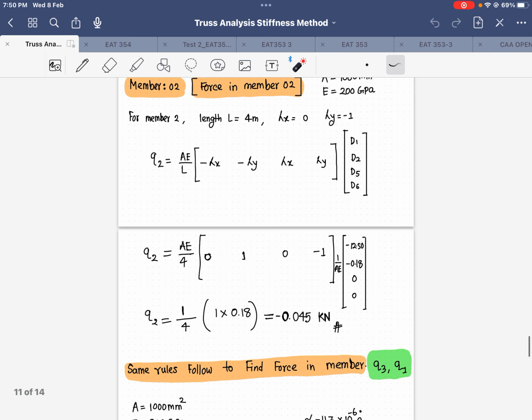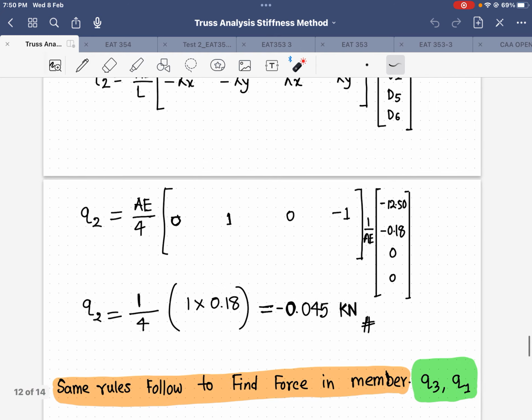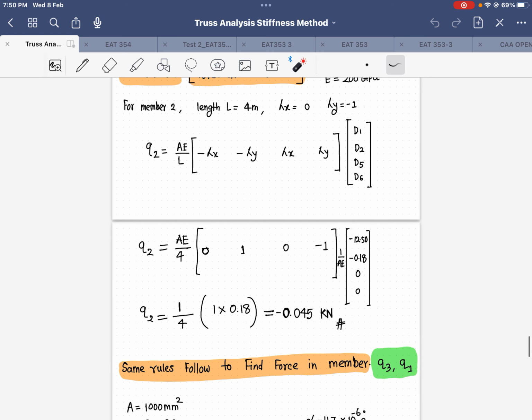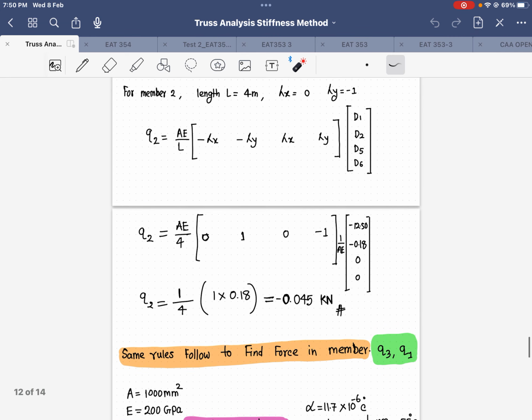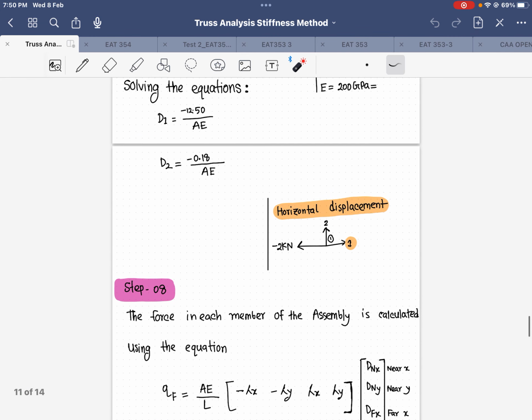So I have the AE over 4, then negative lambda x equals 0 that I got here. For lambda y I have 1, then for lambda x I have 0, and for lambda y I have -1. This is what I am going to write here. Then I have the other values that I already got for D1 and D2.